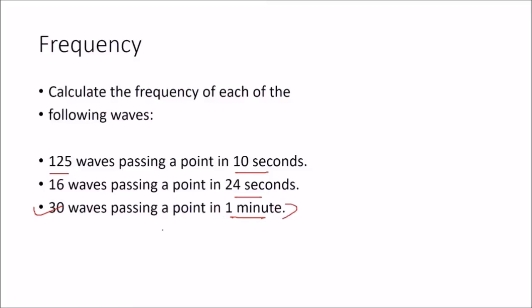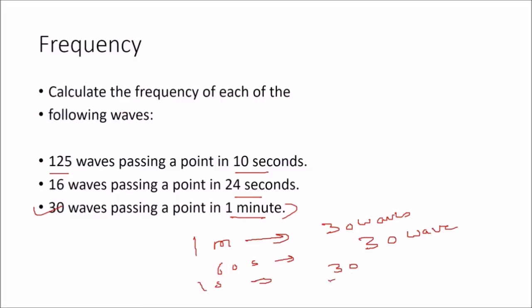In 1 minute, how many waves? 30 waves. 1 minute is equal to 60 seconds. So in 60 seconds, 30 waves. In 1 second, how many waves? 30 by 60 waves, that is 0.5 waves per second. That means 0.5 hertz is the frequency.